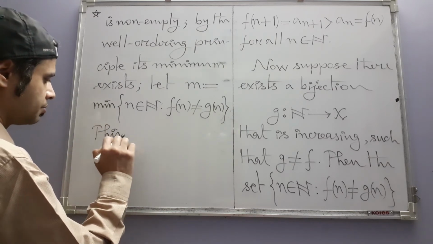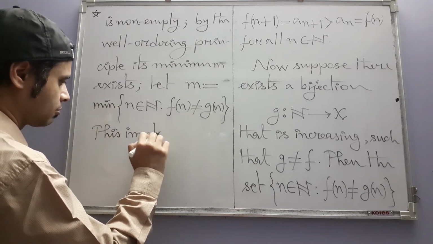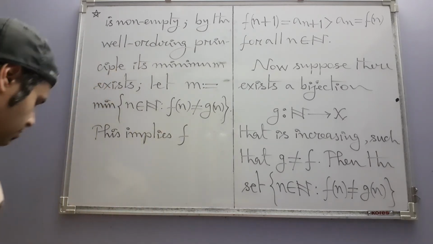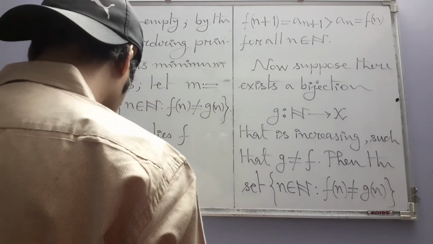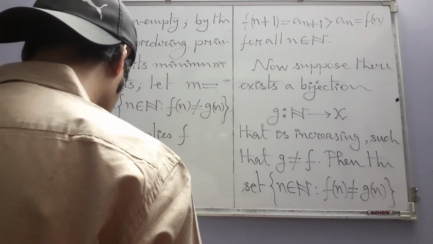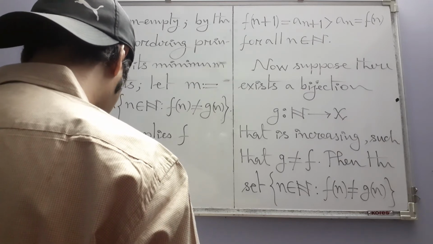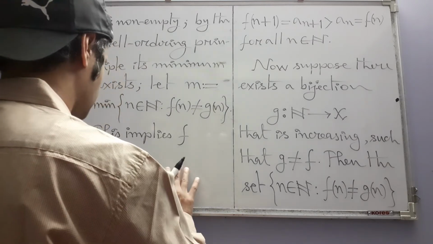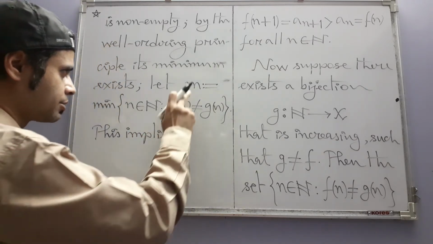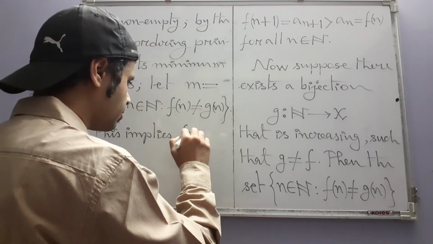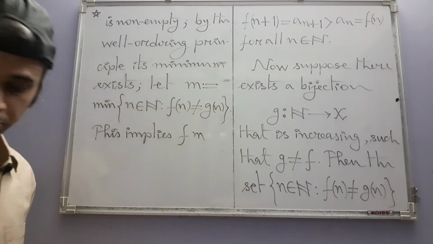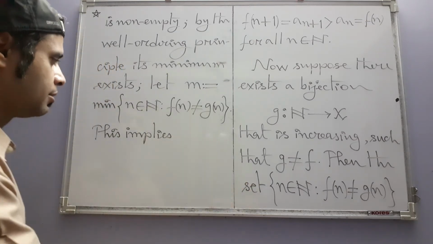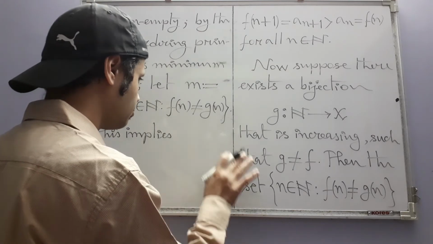This implies that f of, what symbol has been used by the author? Oh, it's just simply n. n is the variable here because m is this fixed thing. So f of m, or let me write like this because we know what f is. f is given by that sequence a_n, but we don't really know what g is.